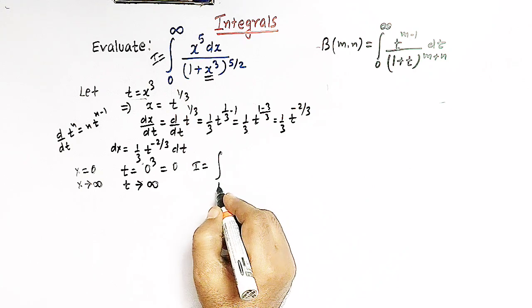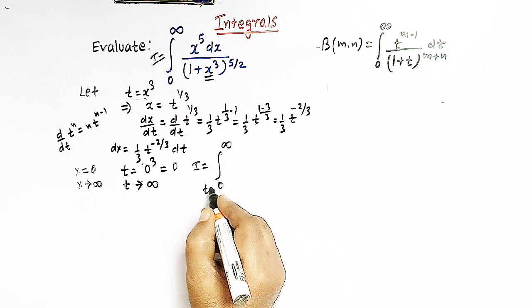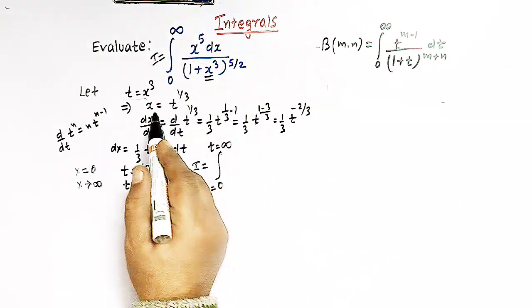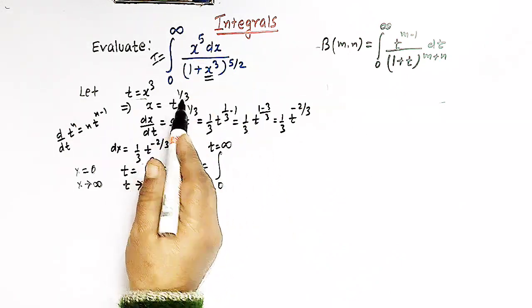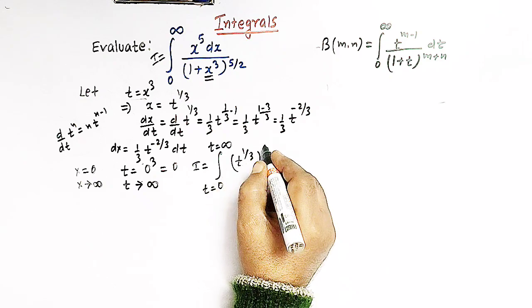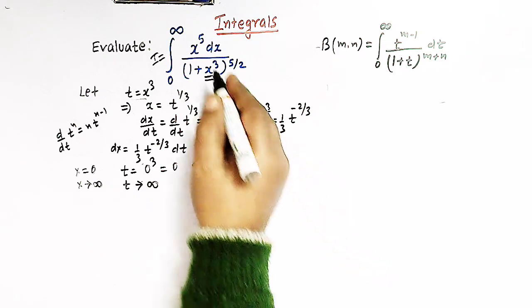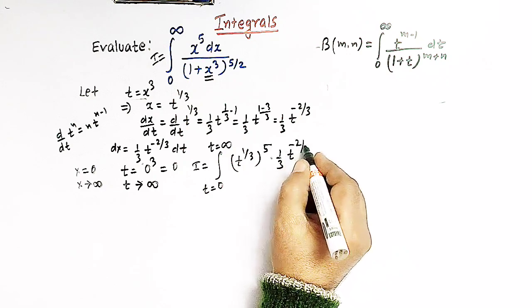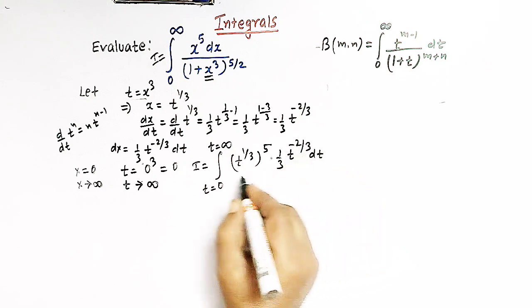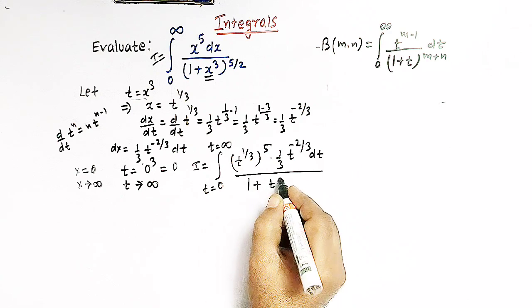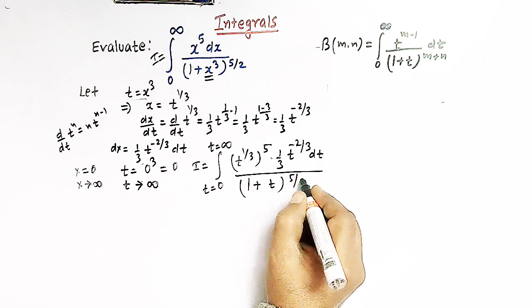So we can now write 0 to infinity, and then we have x raised to 5, where x is t raised to 1 over 3, so we have t raised to 1 over 3 all raised to 5. For dx, we can now write 1 over 3 t raised to minus 2 over 3 dt, and in the denominator we can write 1 plus t raised to 5 over 2.